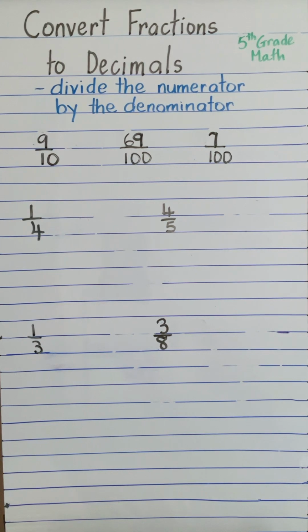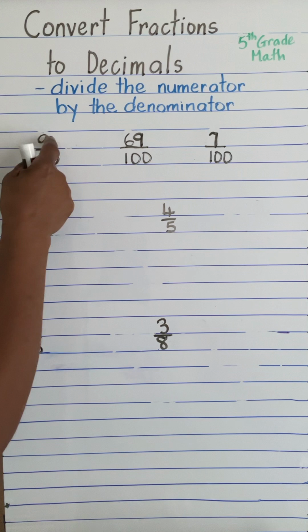To divide a decimal by 10 or any power of 10, we move the point to the left. So 9 here is 9 point. Remember, the decimal point in a whole number comes right after the last digit.